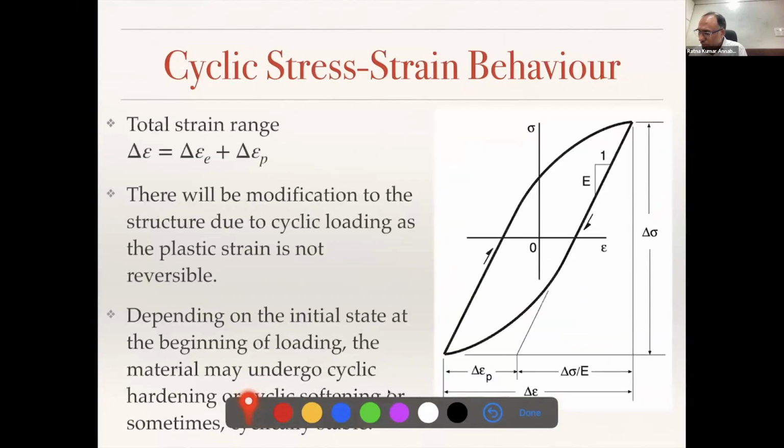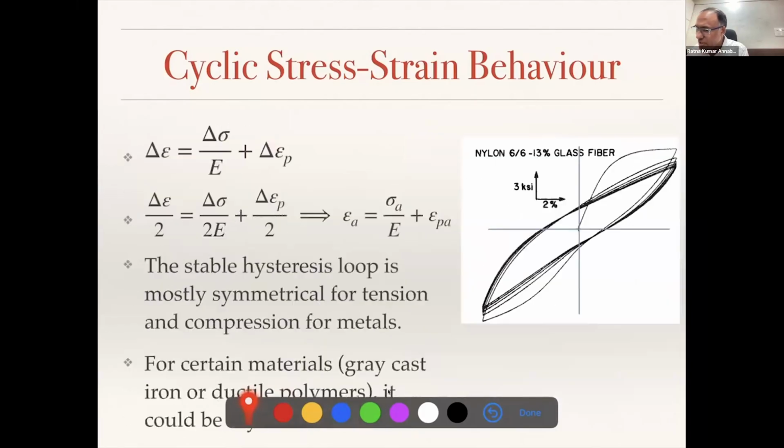Now, when I am talking about delta epsilon, that is the total strain range, it can be seen as elastic strain range plus plastic strain range. But normally we don't usually work with stress ranges in the stress life approach. We worked with stress amplitude.